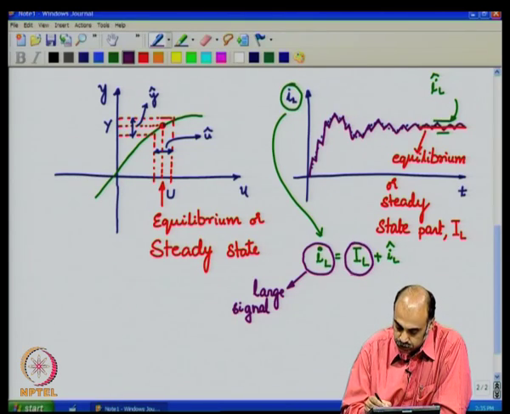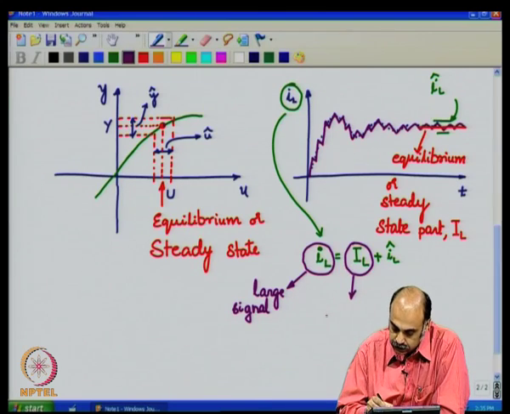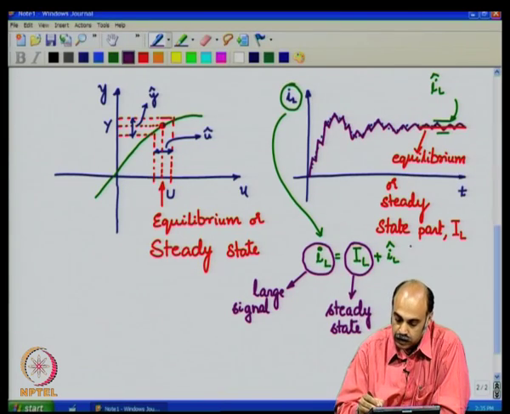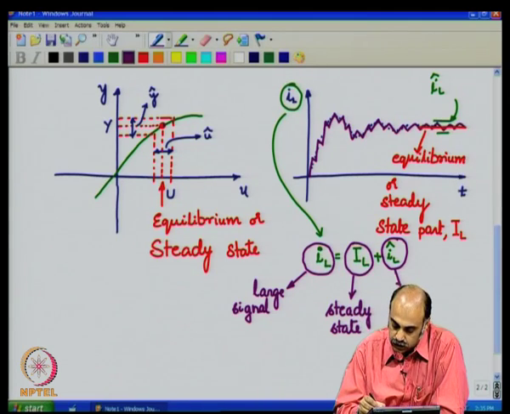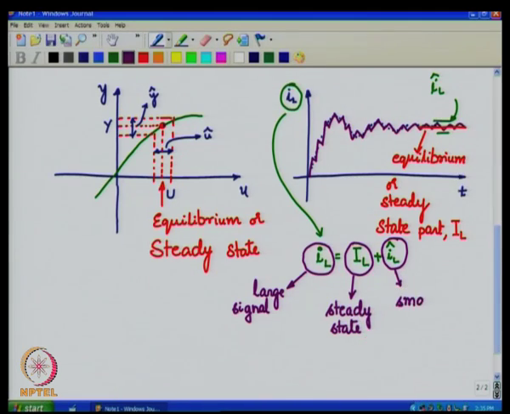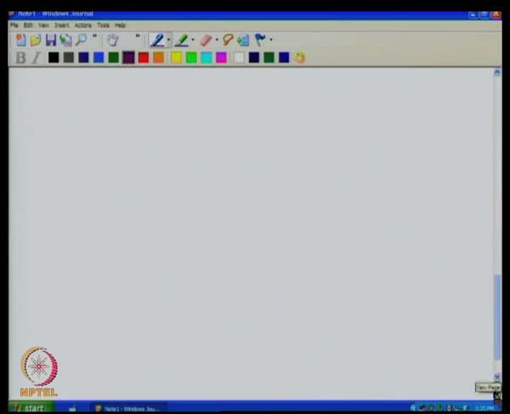This uppercase signal is the steady state value, and this lowercase signal with a hat on top is called the small signal value. So, every variable in the physical system has these two parts.